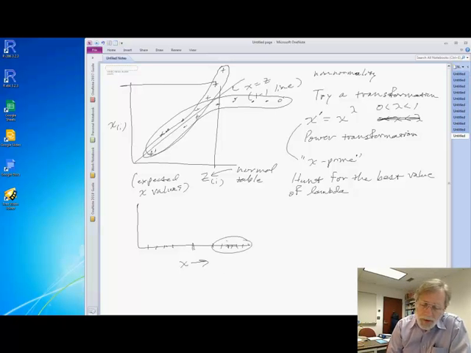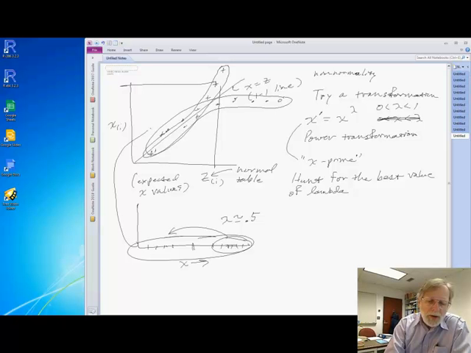If you want to take these points and bring them back, then this will suggest that lambda might want to be some value around 0.5, where you're taking the square root of the x's. And that would correspond to this condition, where the x's are getting too big for what the normal distribution thinks they ought to be doing.